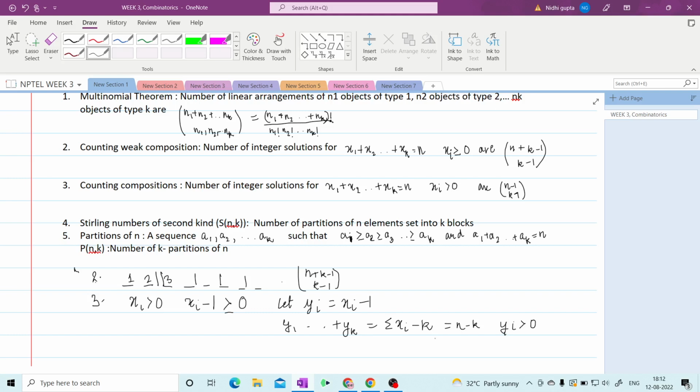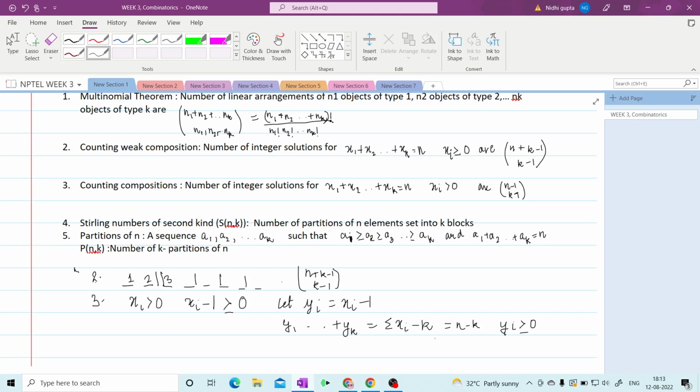So finding a solution for x1 plus x2 plus ... plus xk equal to n, where xi are strictly positive, is the same as finding a solution for y1 plus y2 plus ... plus yk equal to n minus k, where yi are greater than or equal to 0.